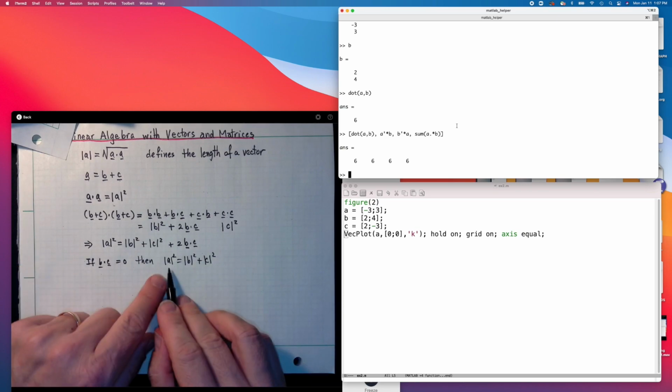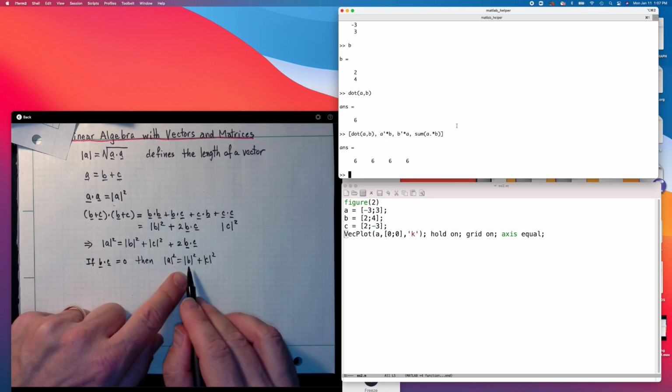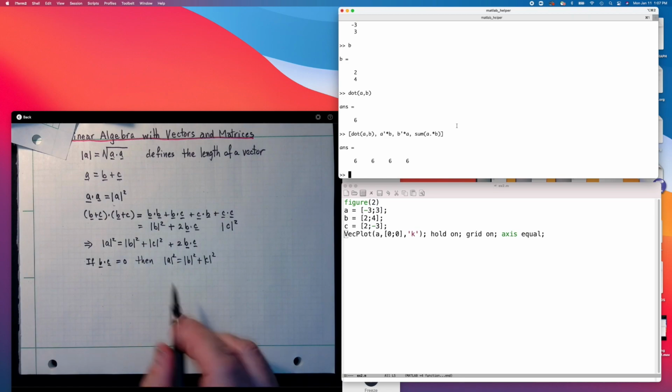So the length of A squared is equal to the length of B squared plus the length of C squared. This is the Pythagorean Theorem.